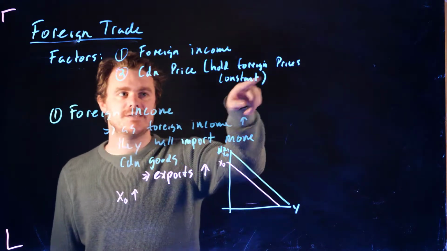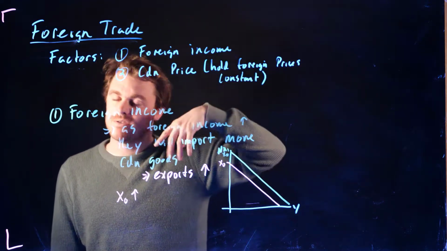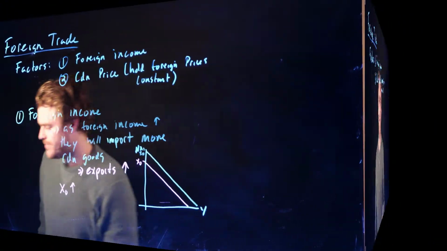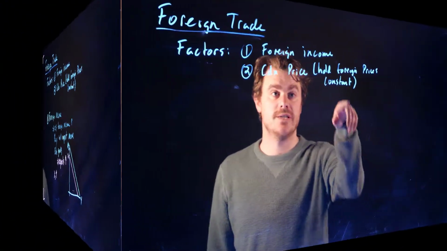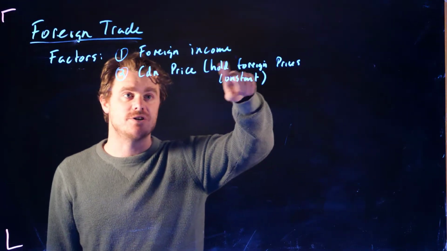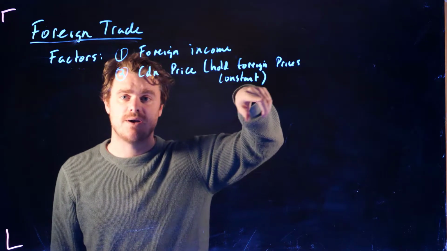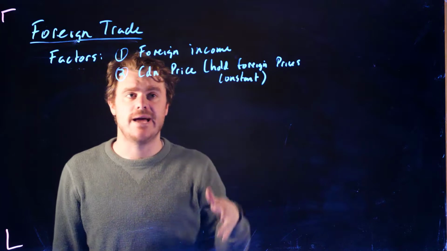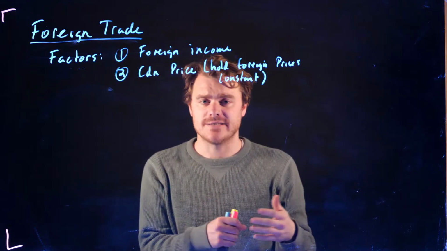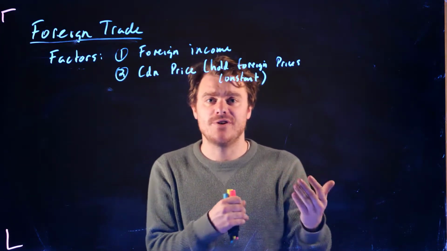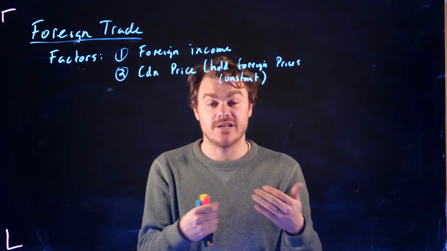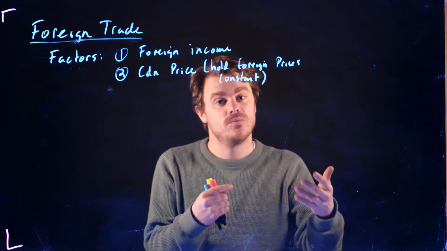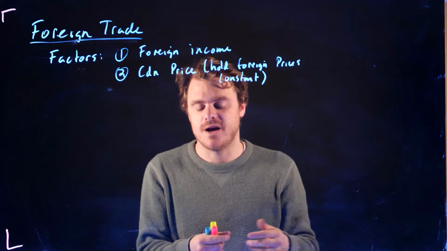So let's quickly erase this and we can talk about the second of these factors, which is a bit more complicated. So let's talk about the second factor, Canadian prices, and how, if they change, that's going to affect our net exports. We can think of that as a price level change in general, or if there's an exchange rate change, that's also going to influence what the relative prices are.